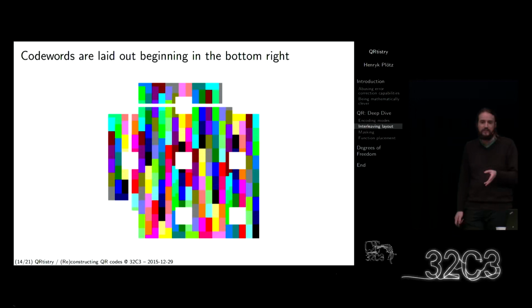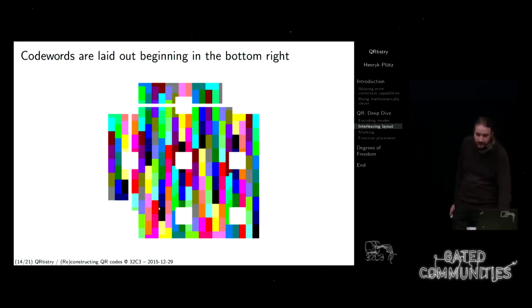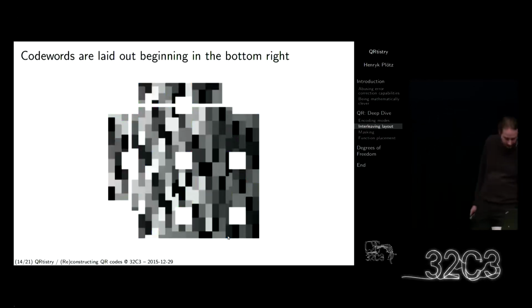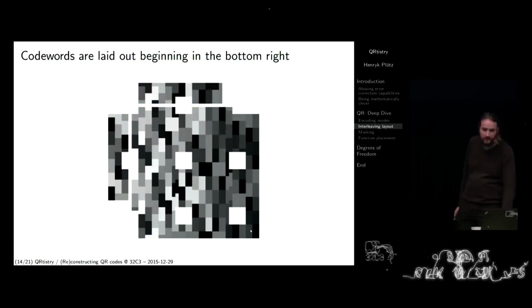When laying out the data blocks, the code words, you'll start at the bottom right. So this is the first one, the second one, third, and so on. It goes up, then down again, in a zigzag pattern. And this is another debug output from my code that tells you which code word is which.